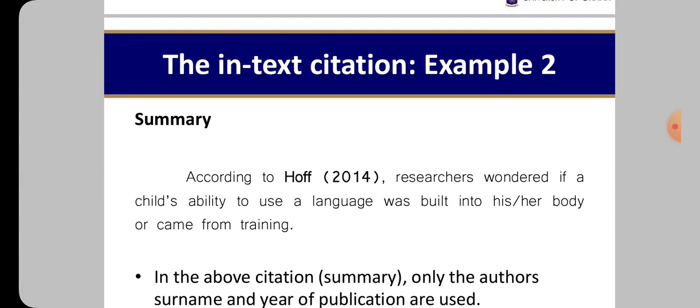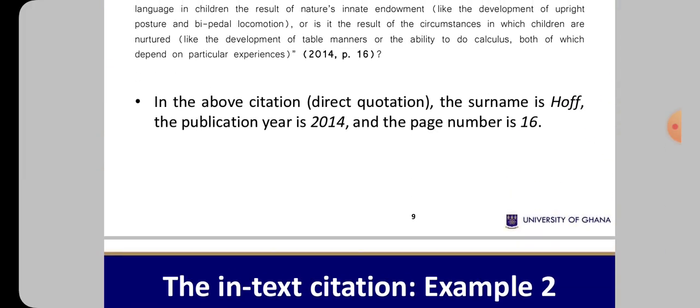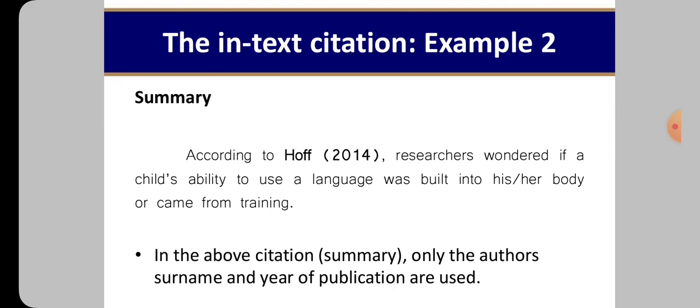That's why we didn't quote it. This one is not word for word. We summarize it, but we maintain the main idea. If you read example 1 and example 2, the ideas are the same, but the idea in example 2 is a summary of example 1. That is the whole thing.